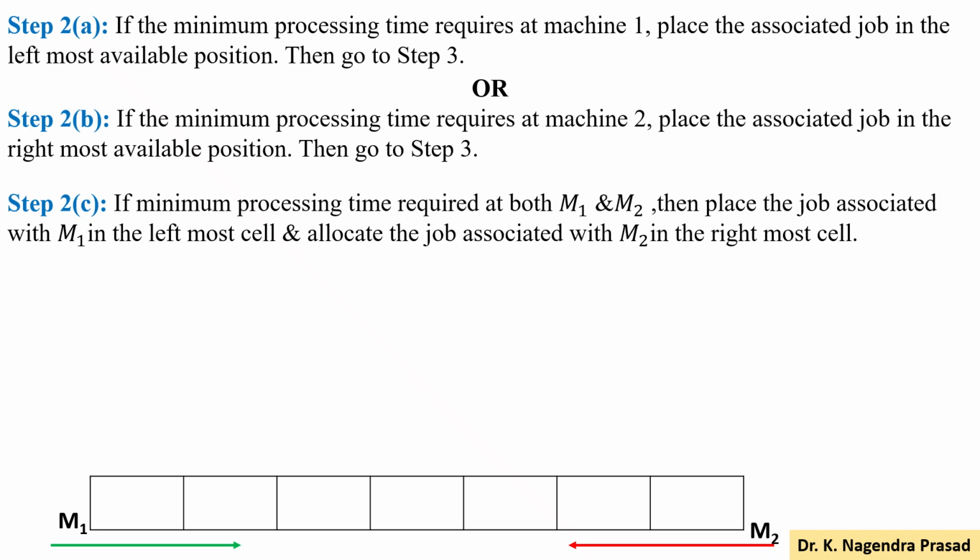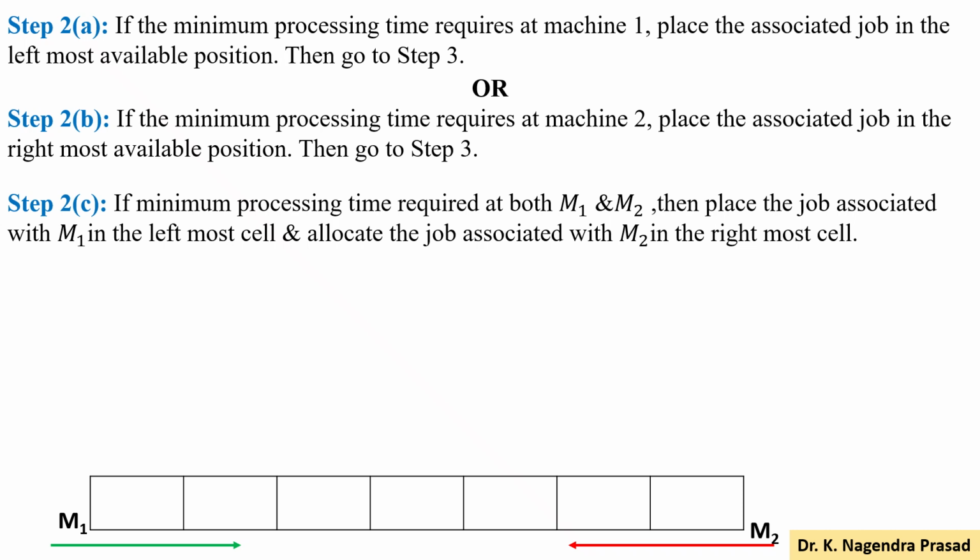In step 2c, we have to discuss the condition for a tie of the minimum processing time. If the minimum processing time occurs at both M1 and M2, then we have to place the job associated with M1 in the leftmost cell and allocate the job associated with M2 in the rightmost cell.